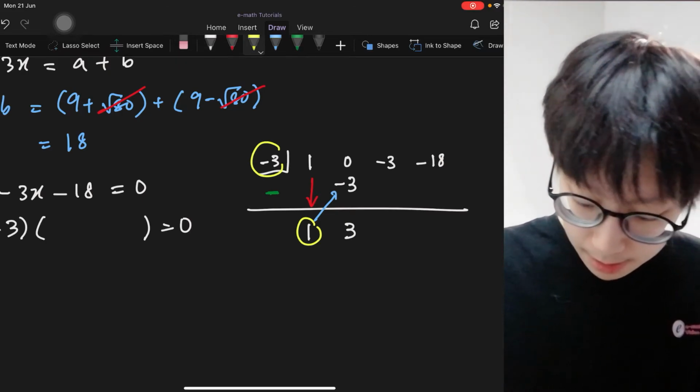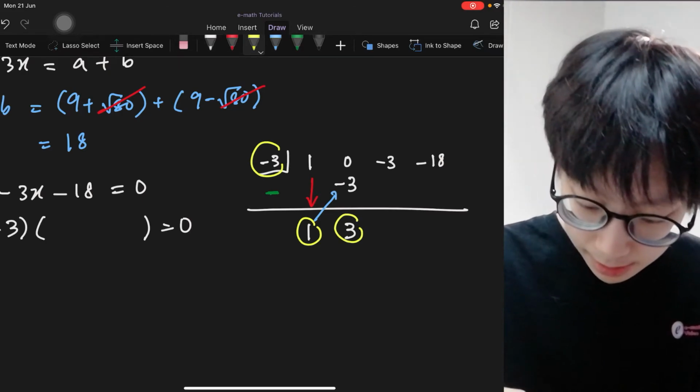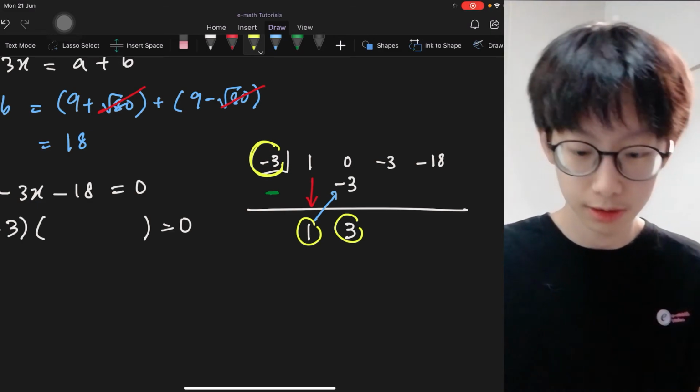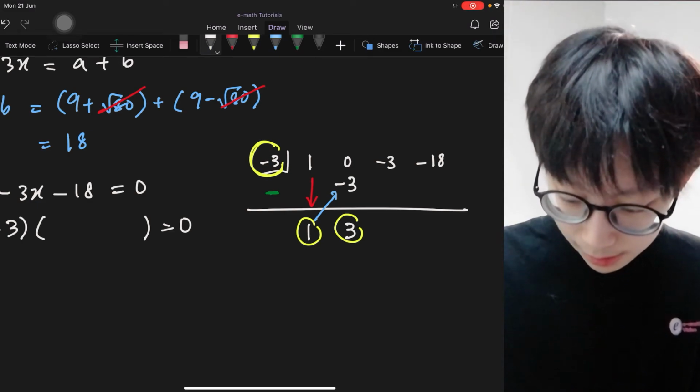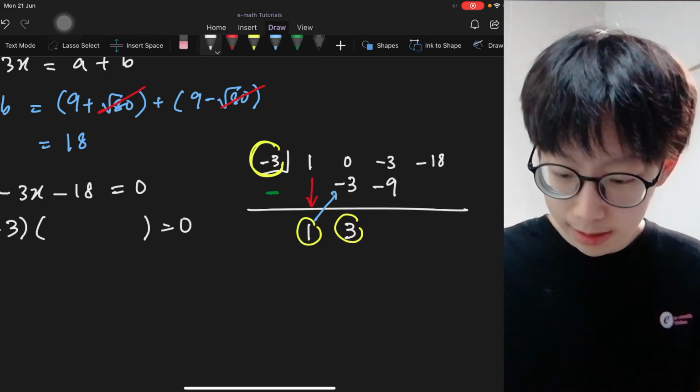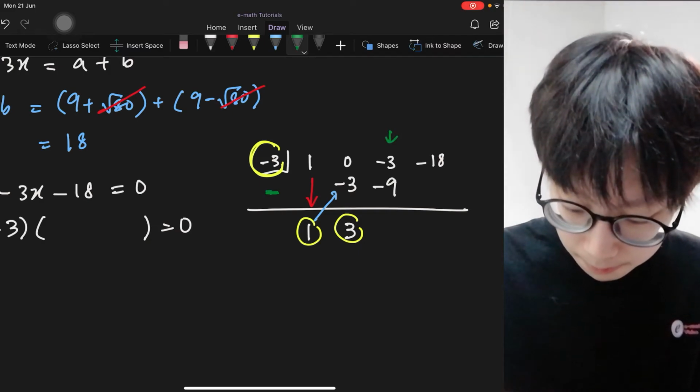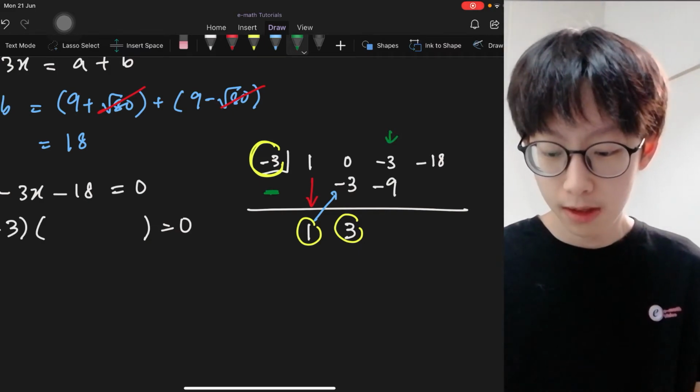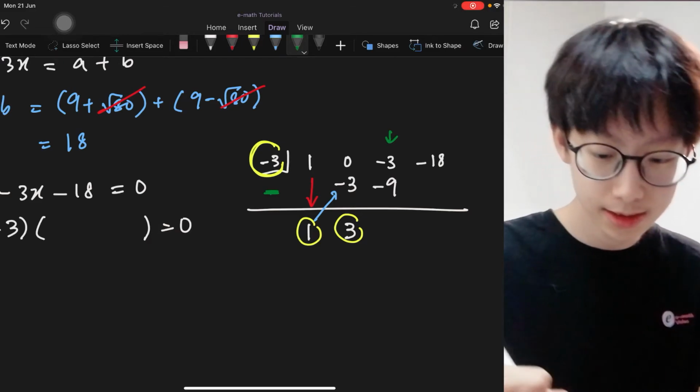Next, multiply this 3 and -3, which gives -9. So -3 minus -9 becomes -3 plus 9, which is 6.